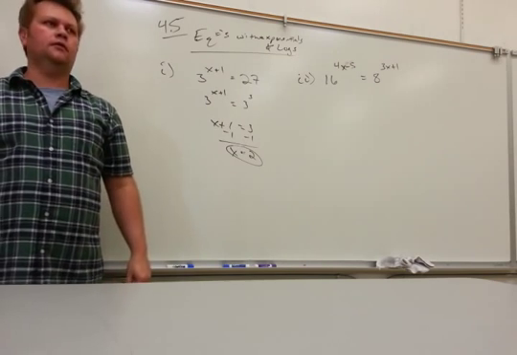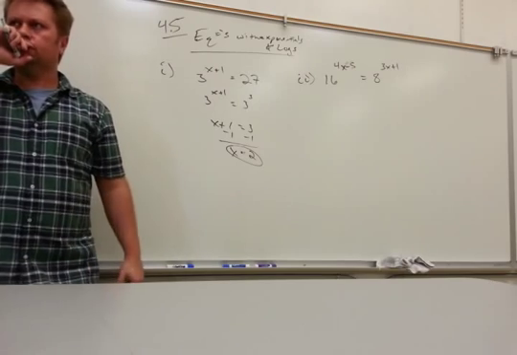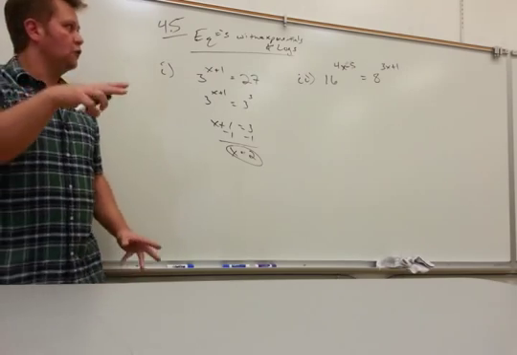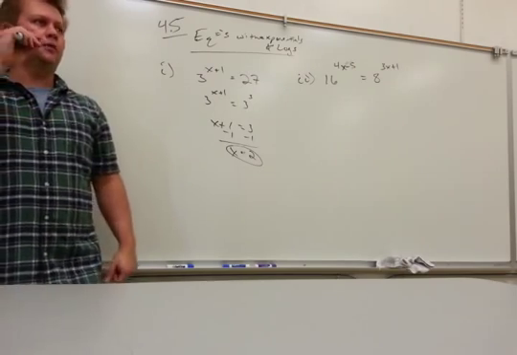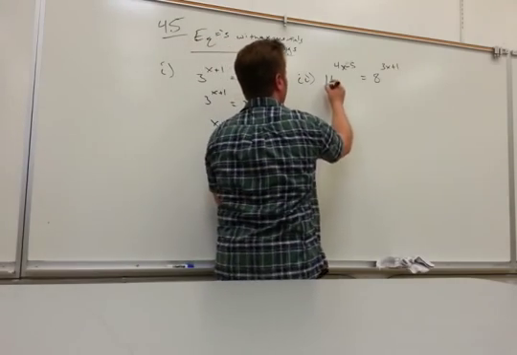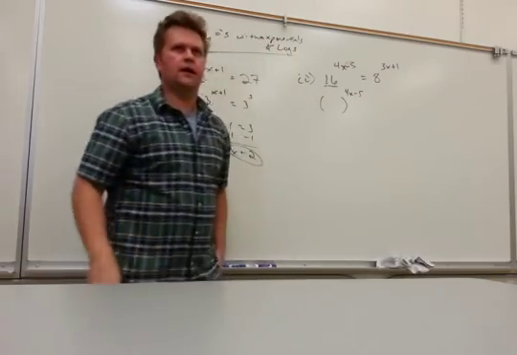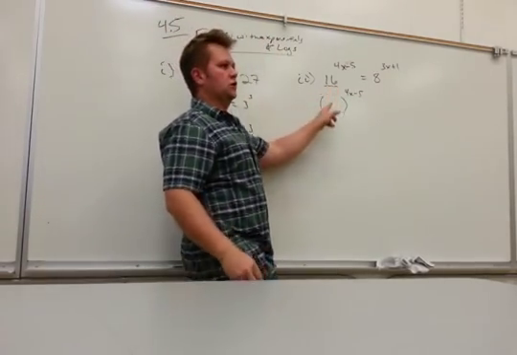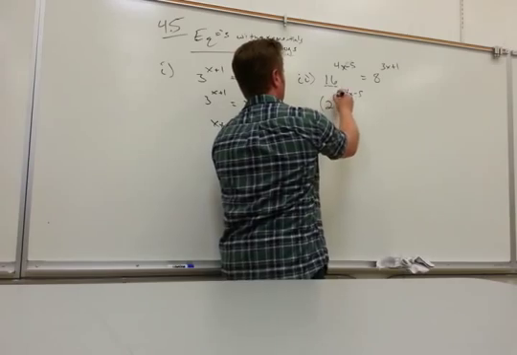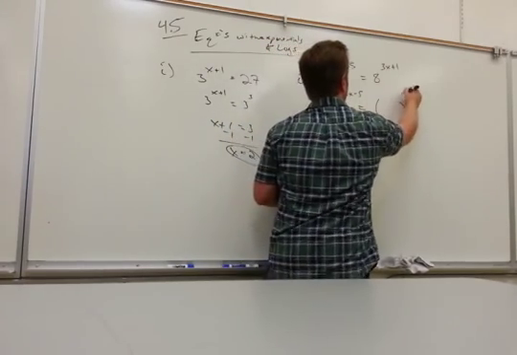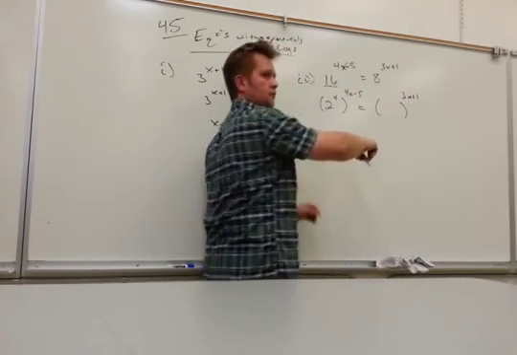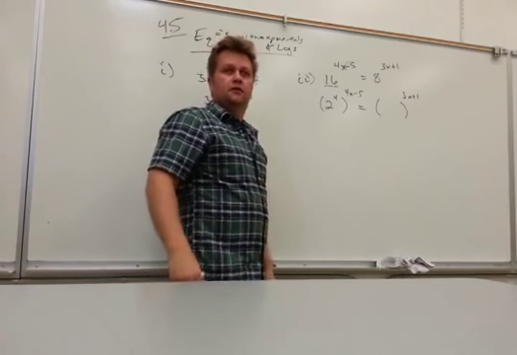What's the base here? 2, right? Not 4. I can't raise 4 to a power and get 8. But I can raise 2 to a power. So rewrite 16. It's got the 4x minus 5. You can't do anything about that. 16 is 2 to the 4th. And 8 is 2 to the 3rd.